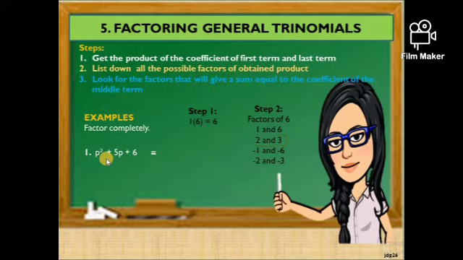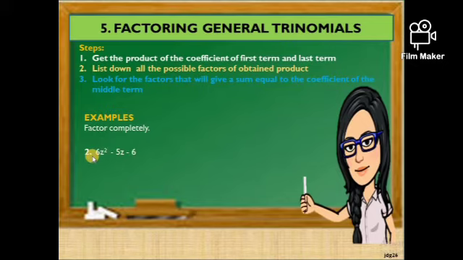So therefore, the factors of p squared plus 5p plus 6 is equals to p plus 2 and p plus 3. Saan galing yung p? Dito sa p squared. Kasi ang factors ng p squared ay p times p. And then yung positive 2 and positive 3, galing siya dun sa factors na nakuha natin. Factors ng 6 na magbibigay ng sum na positive 5. And we're done.